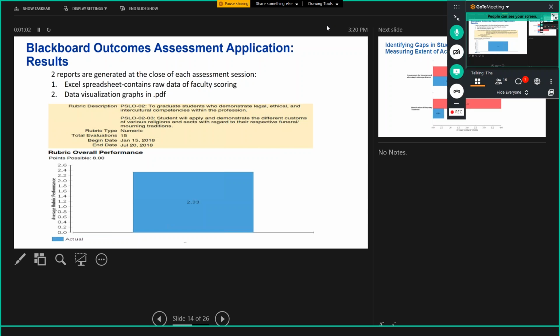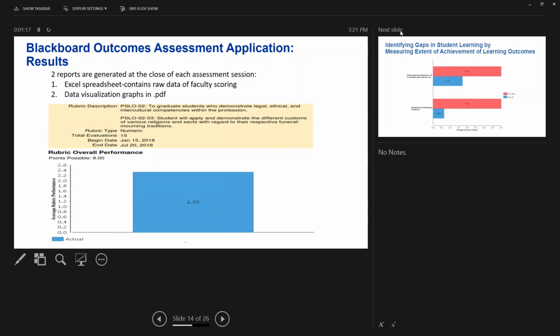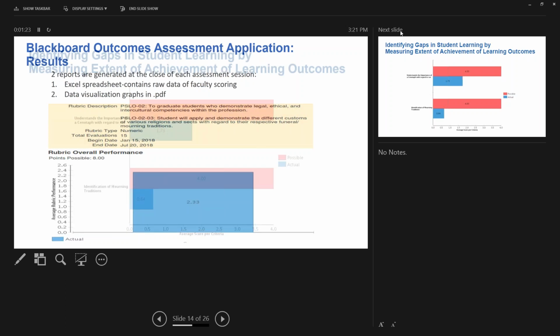Out of a total of 8 points on the rubric, which meant 2 criteria because our rubric scores from 4 to 0, exemplary to insufficient, students were scoring on average 2.33 out of 8 possible points, or 20% performance on this rubric.